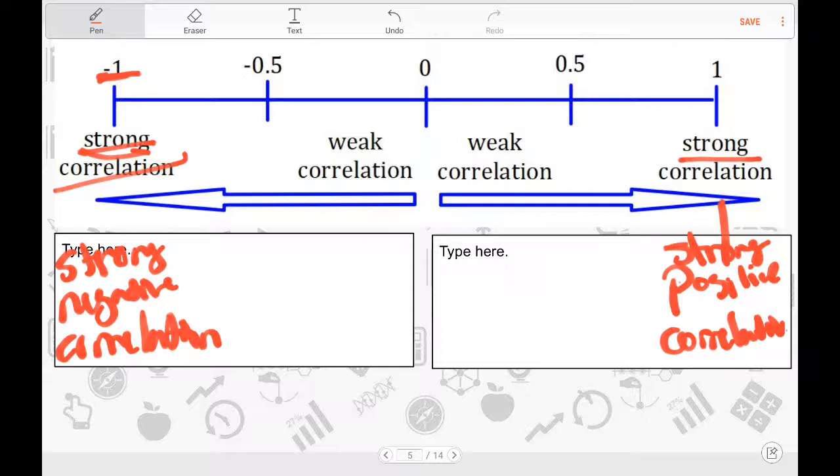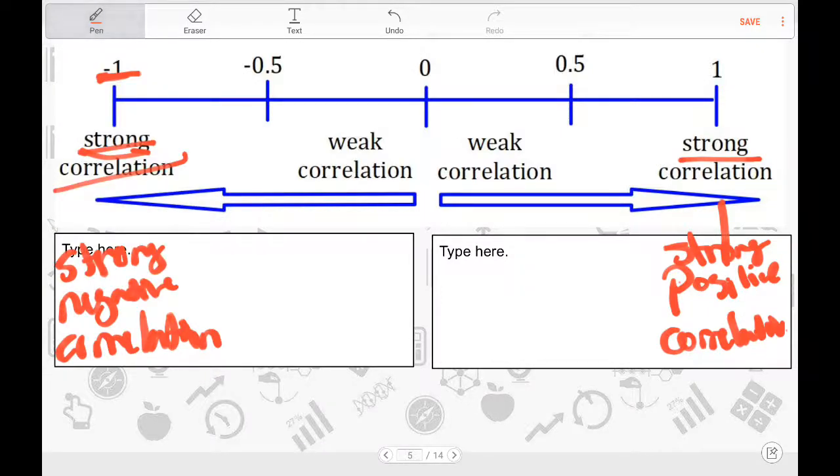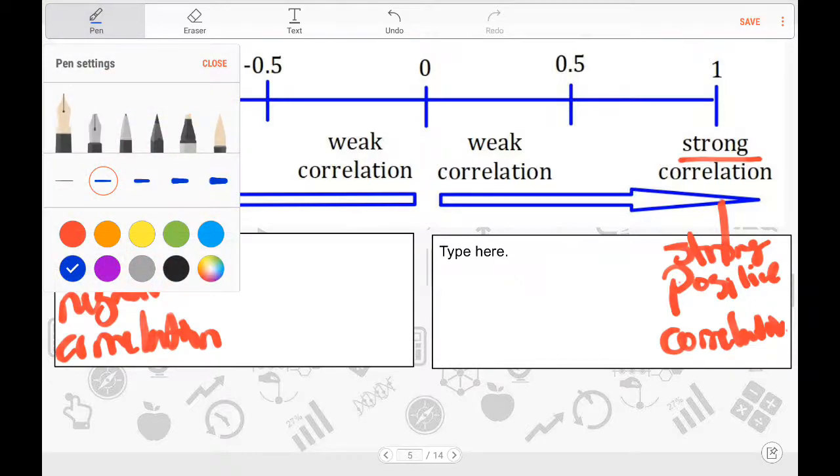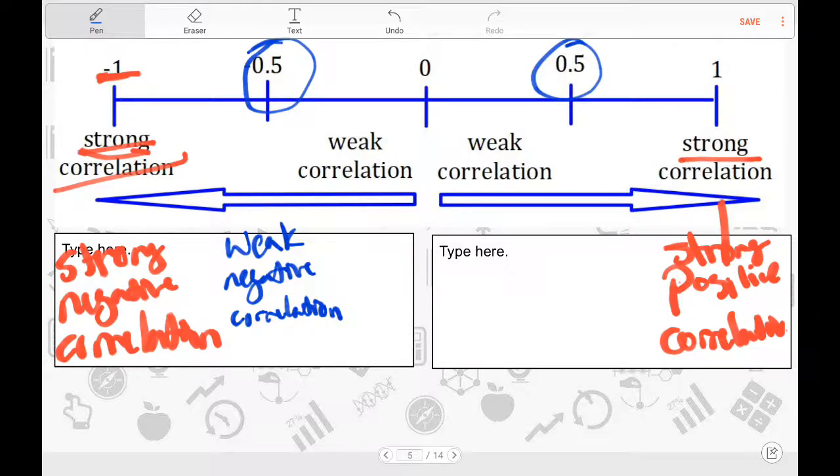Now, the closer I am to this number, 0.5, that makes it a weak negative correlation. And the opposite, because that's a positive number, I would have a weak positive correlation.